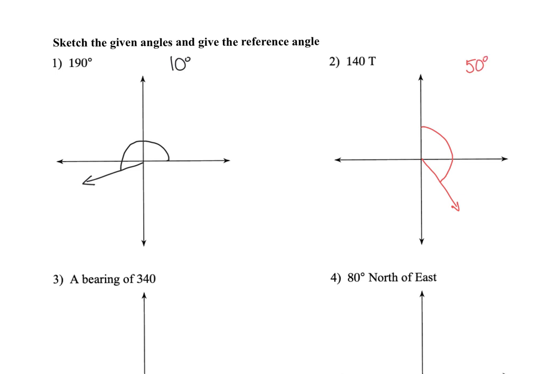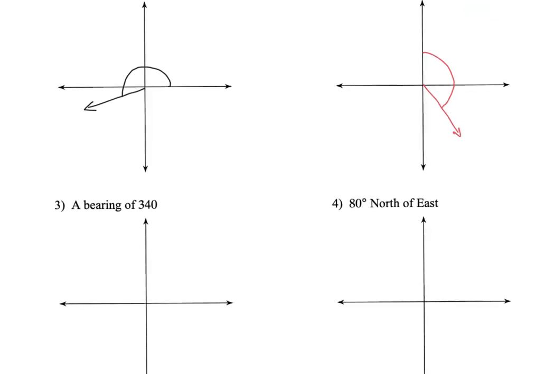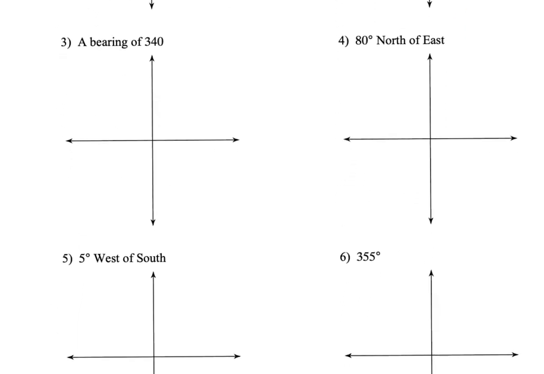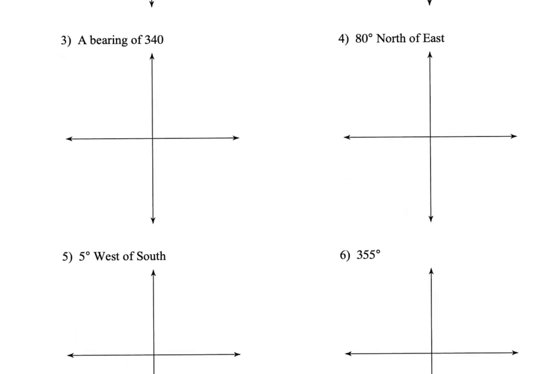The last way that you can have this is in directions like north of east, west of south. Those are strictly going to be whatever they tell you. So remember, the first one is telling you your movement. The second one is telling you from where. If it is north of east, I'm going to start east and go north.